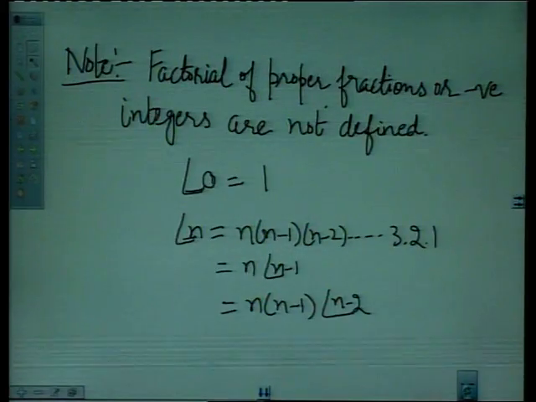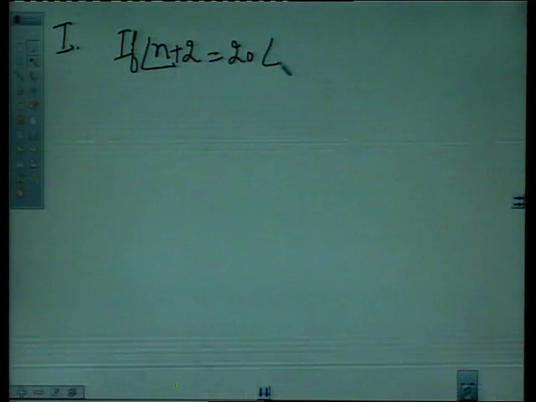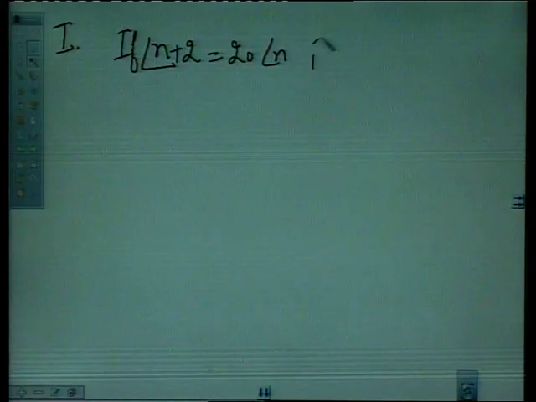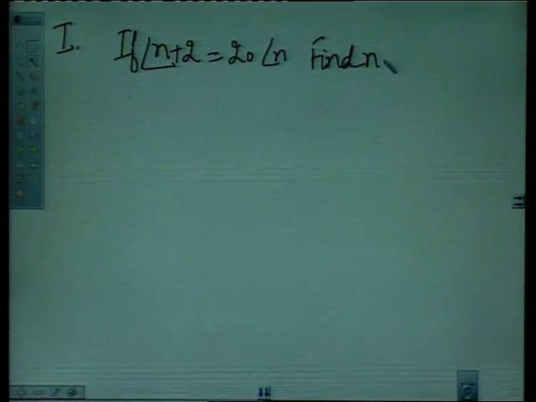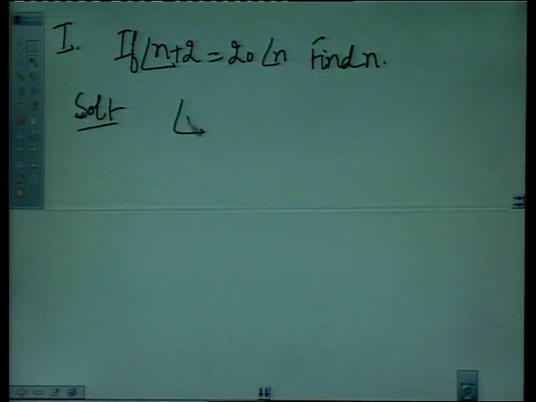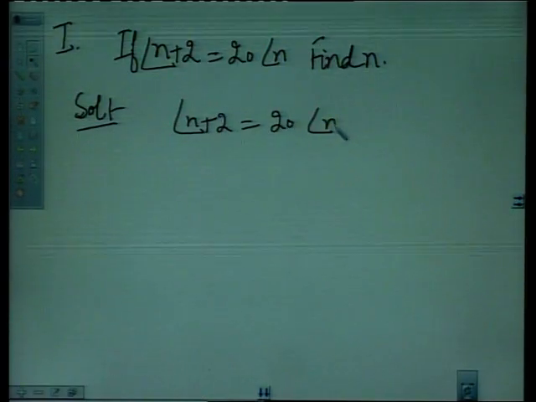Let us do one question. The first question: if n plus 2 factorial is equal to 20 times n factorial, then find n. Solution: we have n plus 2 factorial equal to 20 times n factorial.